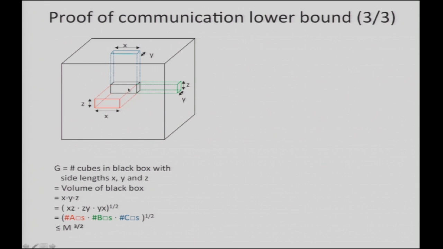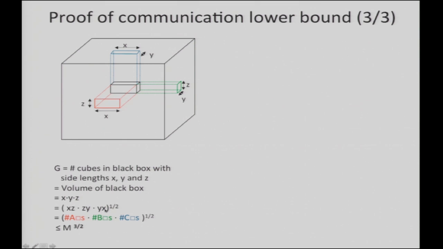So how big is the brick? Well, if this is x by y by z, the size of the brick, how big are the faces? This face is x by z, that face is y by z, and that face is x by y. So I want to bound the volume, x times y times z, in terms of the areas of the faces. They're the 3 areas. And it's pretty easy to see that if I just multiply them all together, I get 2 copies of each factor, so I have to take the square root.